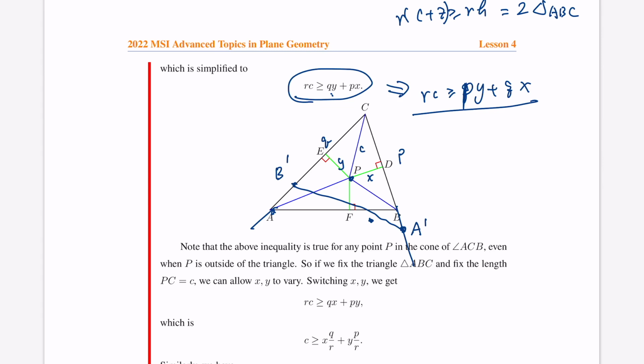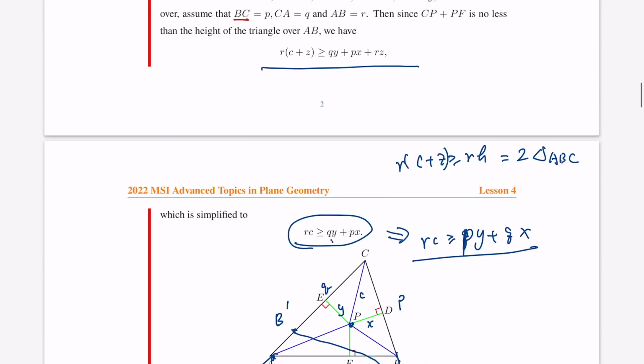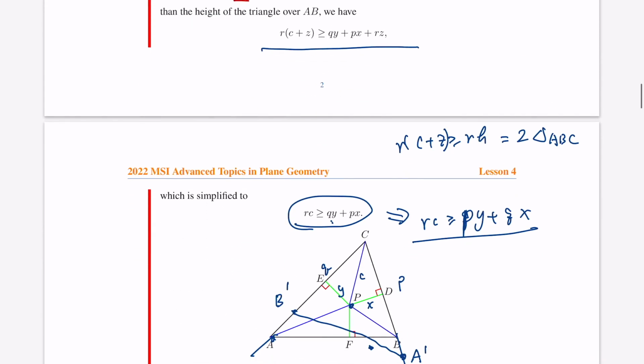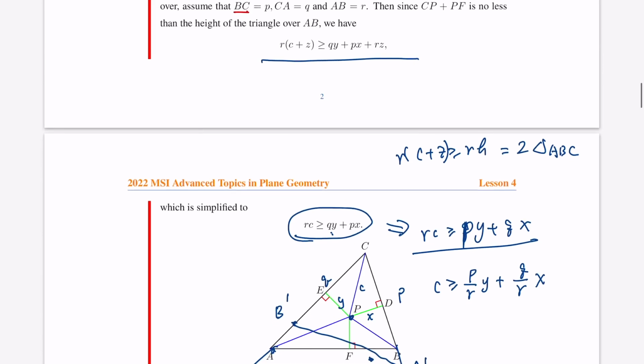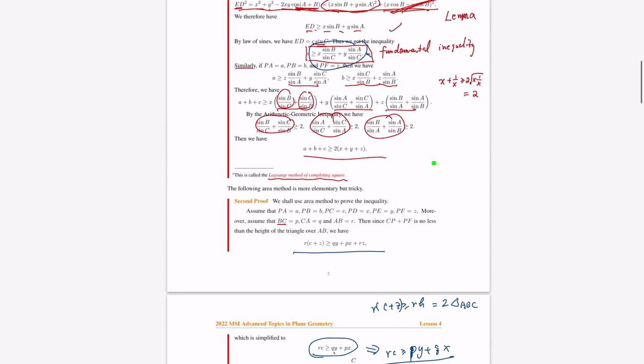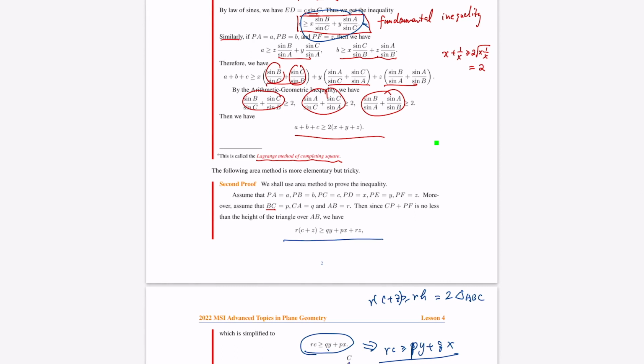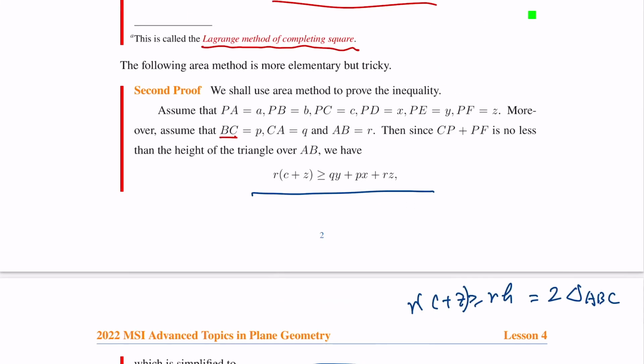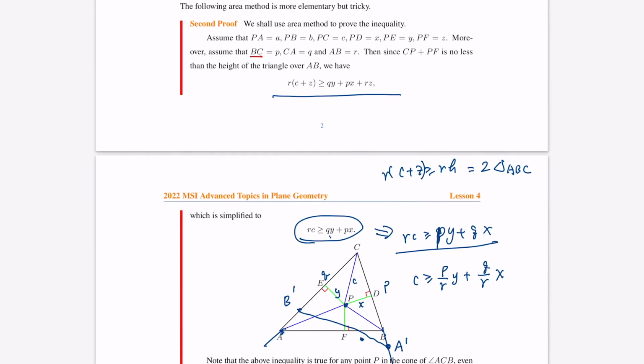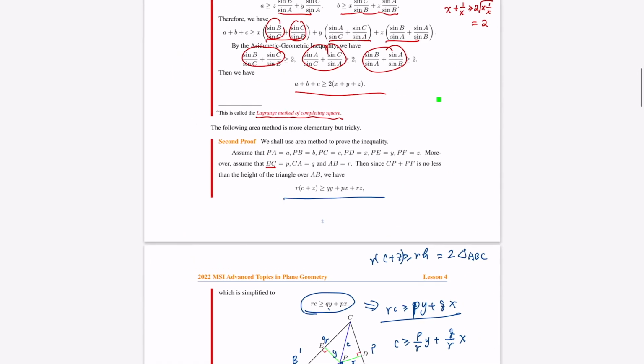And this second inequality will solve our problem. Now, if you say C is bigger than P over R times Y plus Q over R times X, we can compare this with the fundamental inequality. In the denominator, they are always sine C. For the X one, this should have been sine B, and Q is the second side whose opposite angle is B, so you exactly have sine B here.